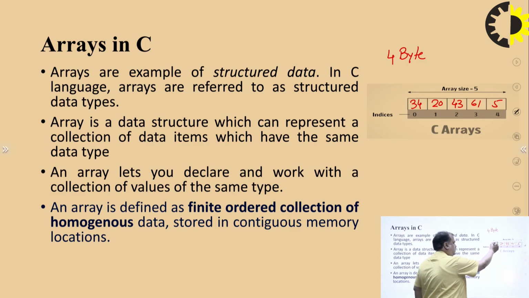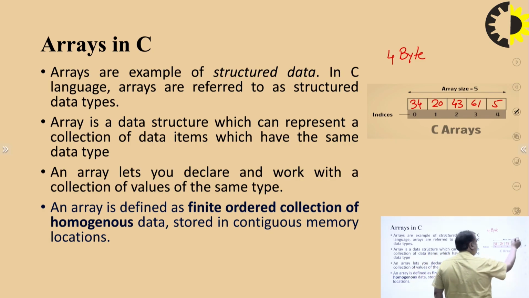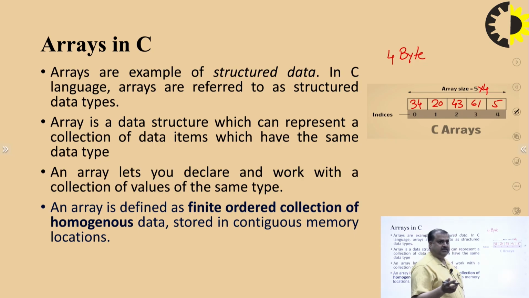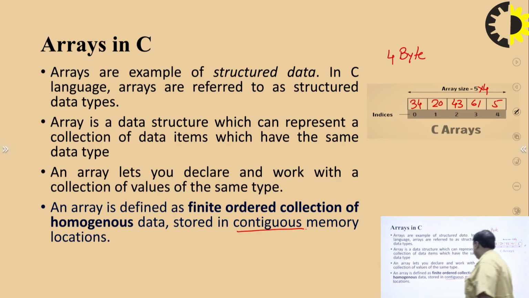One number will be stored in 4 bytes, another number will be stored in the next 4 bytes. So the size in that case will become 20 bytes rather than 5 bytes: 4 bytes for the 0th location element, then the next 4 bytes for the first element, then the next 4 bytes for the second element. This is how it will get stored. That's why we do not say continuous memory allocation, rather we say contiguous memory allocation.